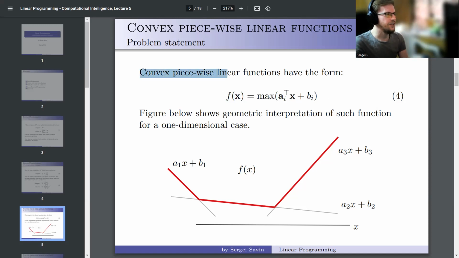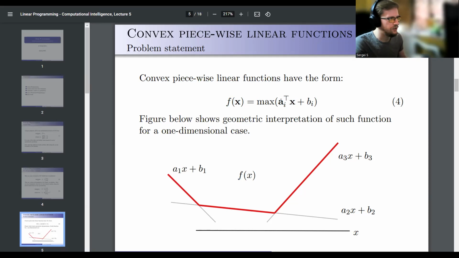We call it a convex piecewise linear function. The function is defined like this. It is a max over i of a_i times x plus b_i. And this thing is a convex function.